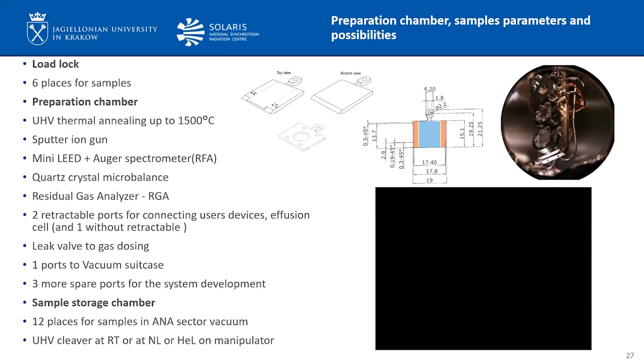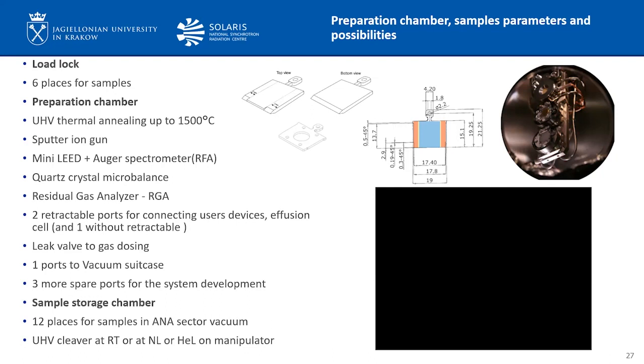On the preparation manipulator you can anneal the sample up to 1500 Celsius, using argon ion sputtering. The surface preparation process can be controlled by mini LEED, Auger spectroscopy, quartz microbalance, residual gas analyzer.